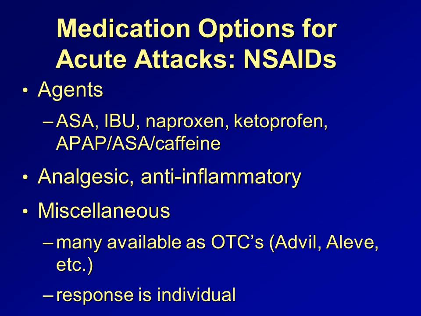Nonsteroidal anti-inflammatory agents, or NSAIDs, are a class of medications that have been proven to be effective versus placebo. The agents in this class that have the most evidence for efficacy include aspirin, ibuprofen, naproxen, and combinations of acetaminophen, aspirin, and caffeine. The NSAIDs as a class are effective due to their analgesic and anti-inflammatory properties.